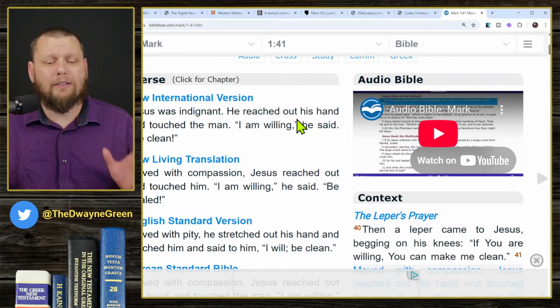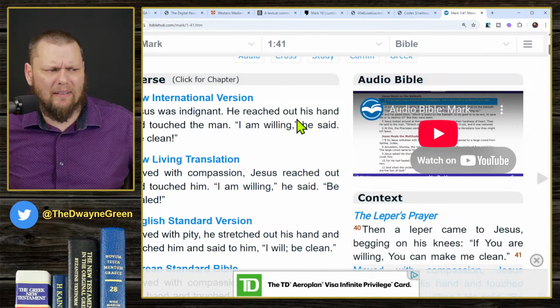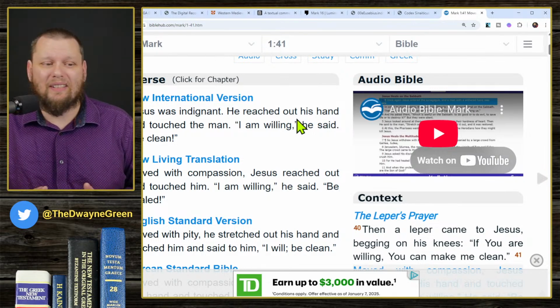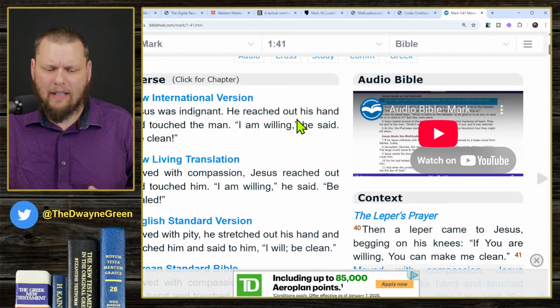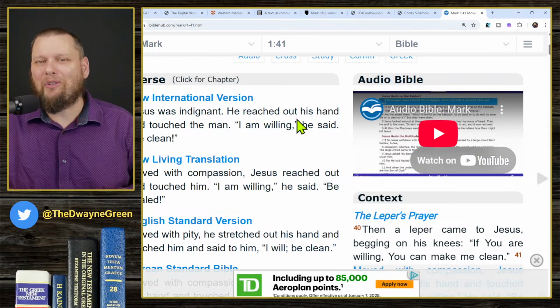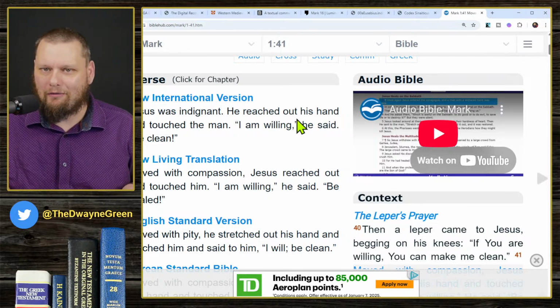Now, it's close to the Nestle-Aland, 26th or 27th, 28th now. It's close, but there's a number of differences. I can't remember what the exact number was. I think it was maybe 400 or 500 differences between the Greek text underlying the New International Version and the Greek text underlying most of the other modern versions.